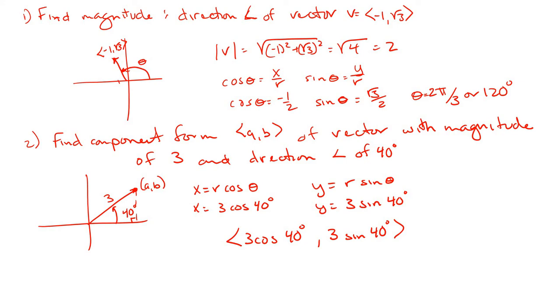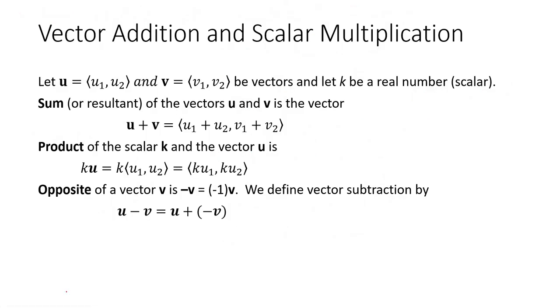Okay, so some pretty easy stuff: magnitude, direction angle, using our distance formula and trigonometry. Okay, vector addition and scalar multiplication. If we have two vectors, u and v, and k is some real number or scalar, the sum, or the result of two vectors u and v being added together, is simply add their first components and add their second components.